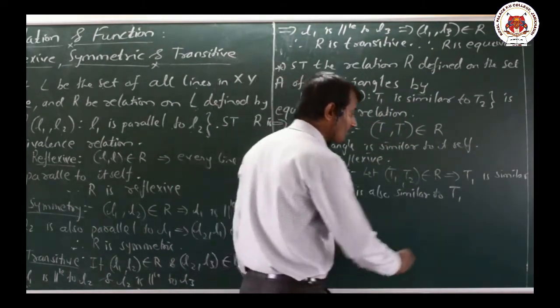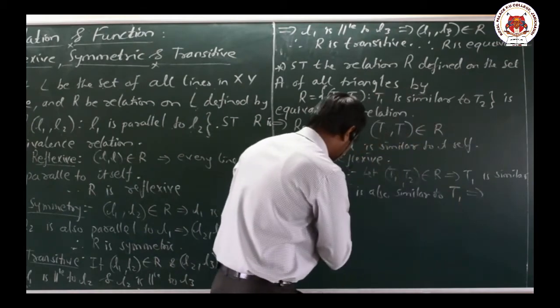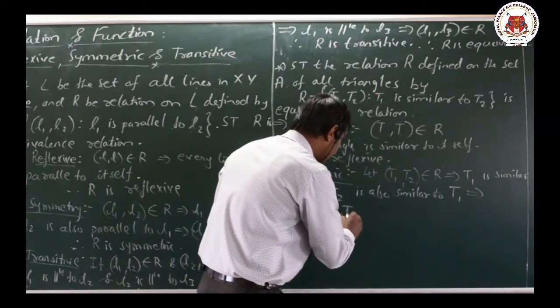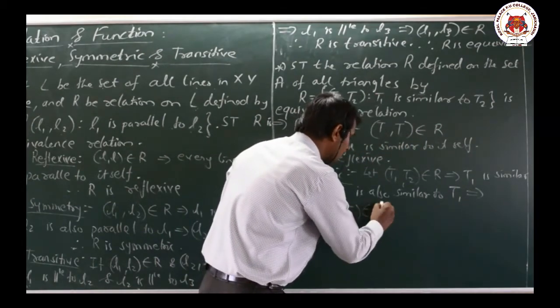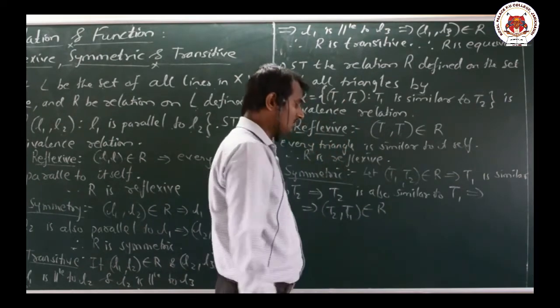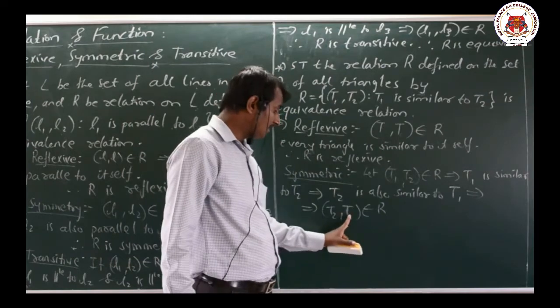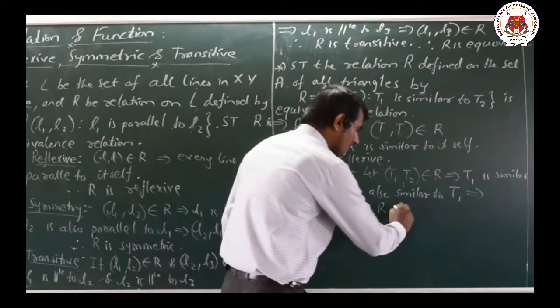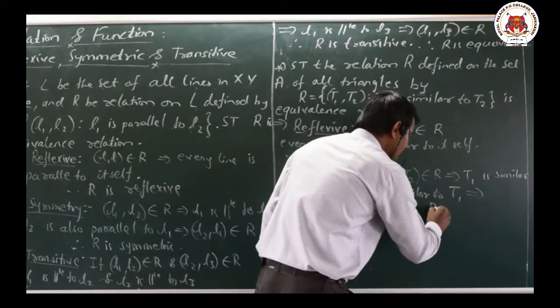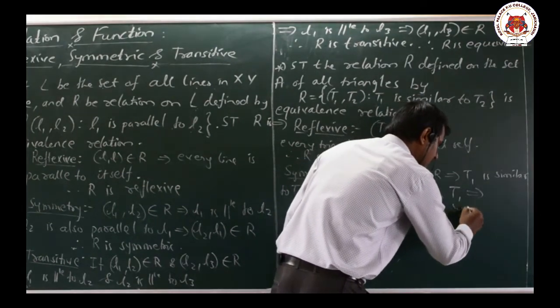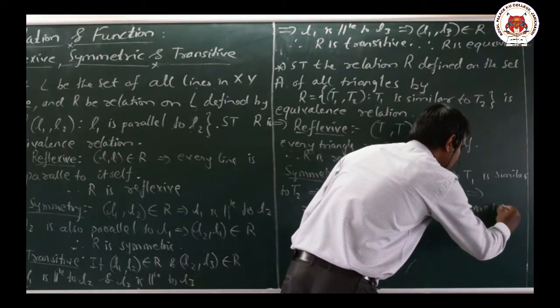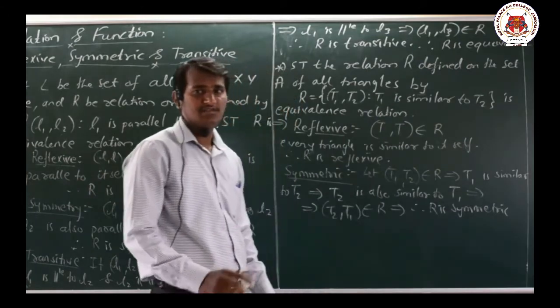That means we got (T2, T1) belongs to R. (T1, T2) belongs to R implies (T2, T1) also belongs to R. Therefore R is symmetric. Okay, it is a very simple thing.